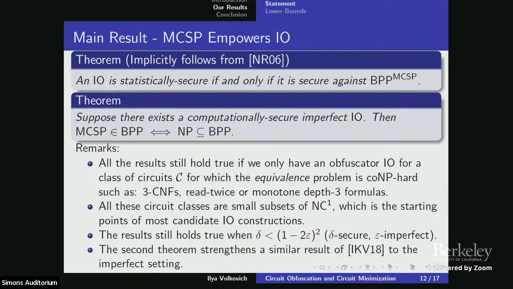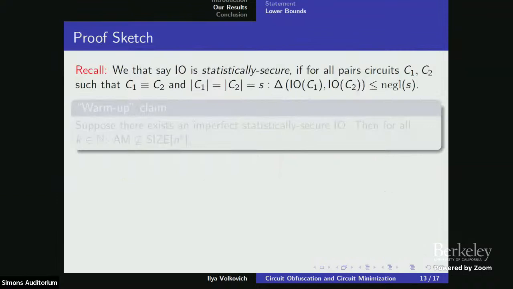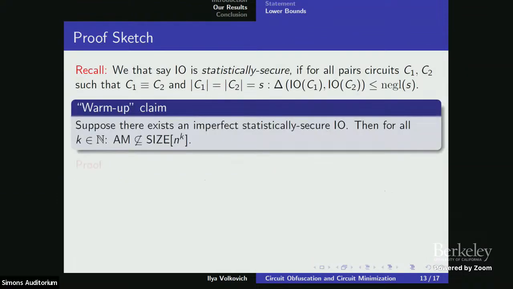Now, let me give you one flavor of one of the proofs of one of the lower bounds. I like to start by proving something very, very weak. Suppose you have imperfect statistically secure IO. Now I want to show that AM doesn't have fixed polynomial size circuits. How do I do that?